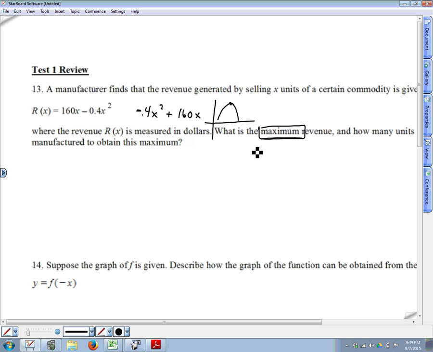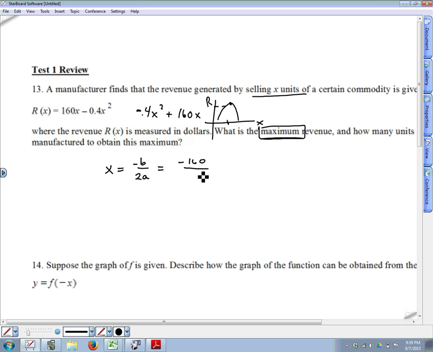If we were to graph this, the x-axis is the number of units sold, and the y-axis, or the r-axis, is revenue. So how many units does it take to reach this maximum revenue? That's what it's asking. Again, I would use the vertex formula, the opposite of b divided by 2a.